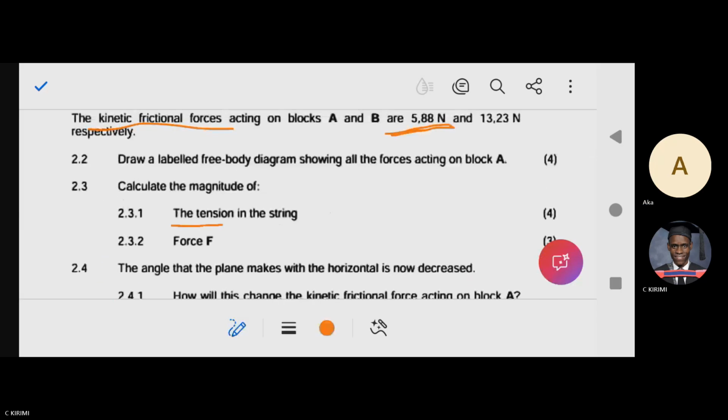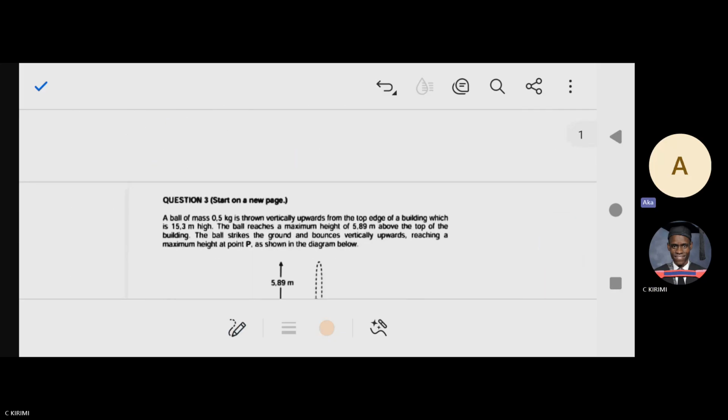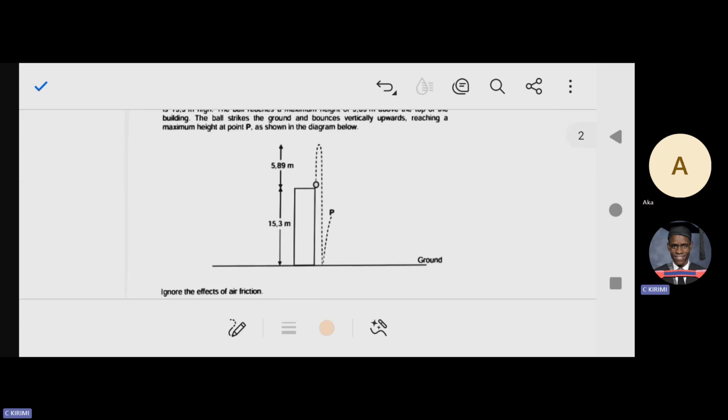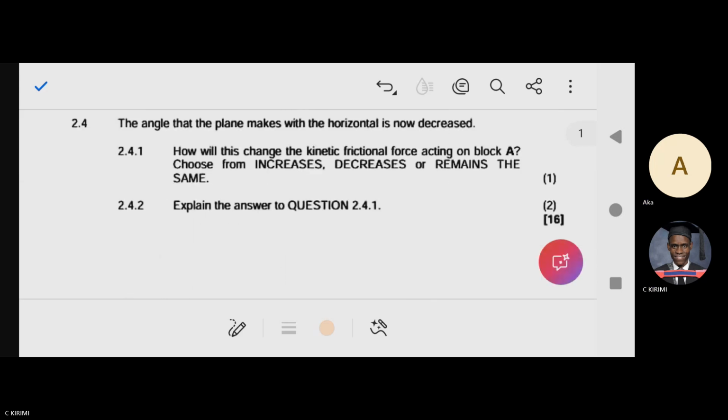Tension in the string. So that's T minus, mass of 4 kg goes to acceleration. Acceleration is 2. Calculate, then you see what you are getting.